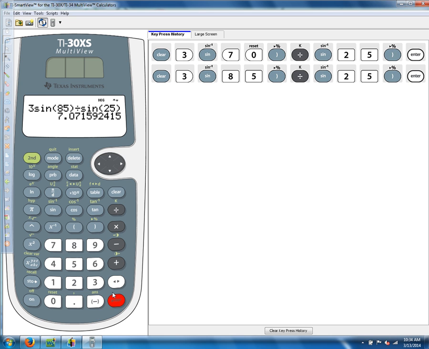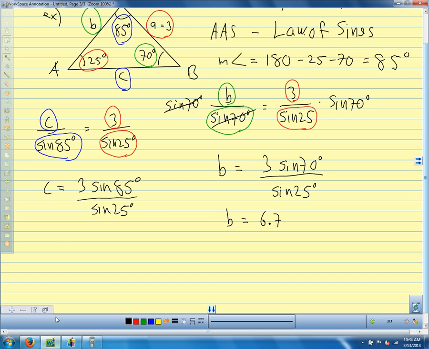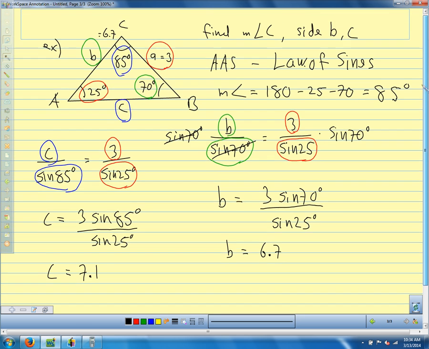Hit enter. And that tells me that C is about 7.1 units. We found B before. So I go back and I say C is about 7.1. And we have solved the triangle. We found all the missing pieces.